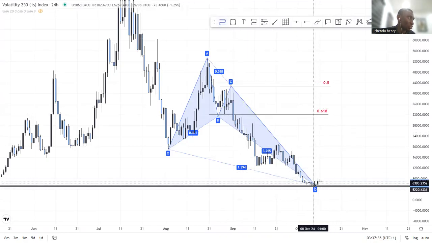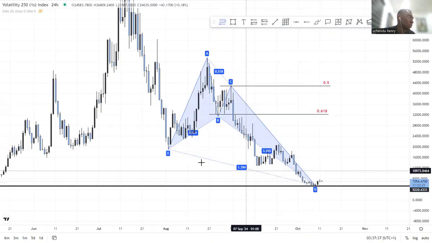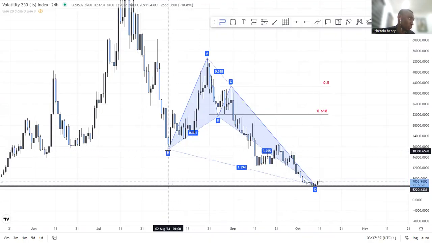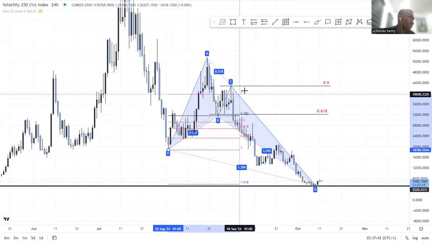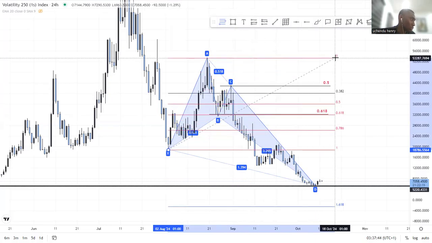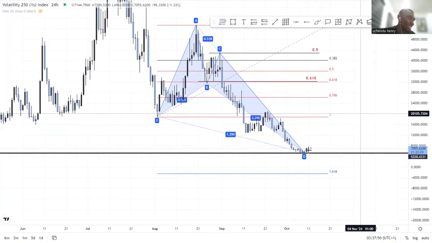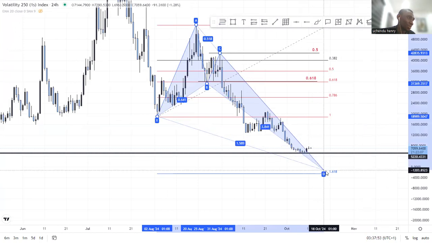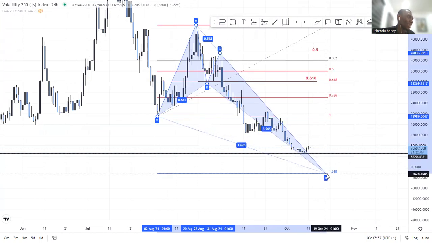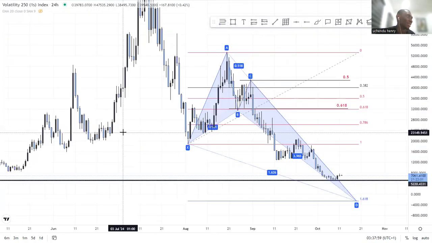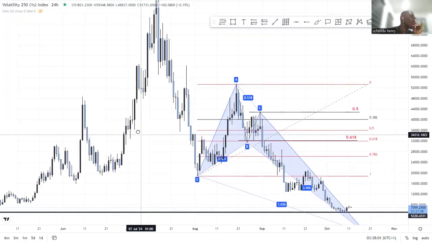We need two measurements or even three. We need two measurements for the start. We need to look at the S to A. We want 1.618. Unfortunately, guys, this is the 1.618. What's happening now?